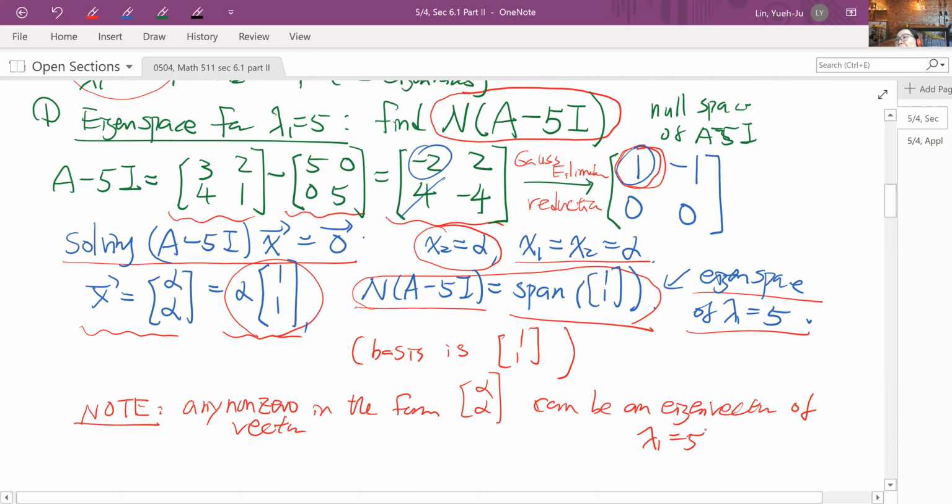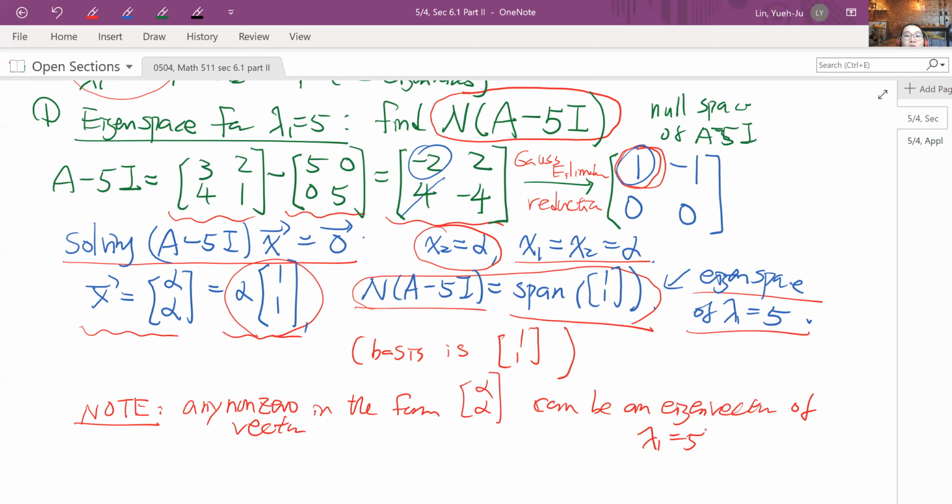For example, pick the number you want, -2, or √5, it doesn't matter. As long as it's in the format of (alpha, alpha), it is an eigenvector.